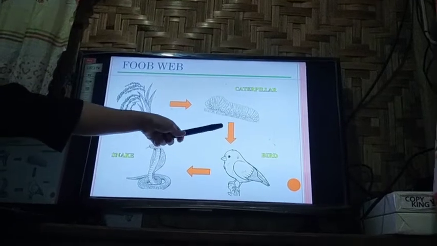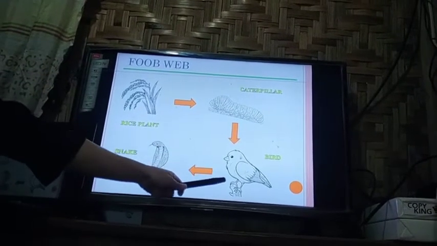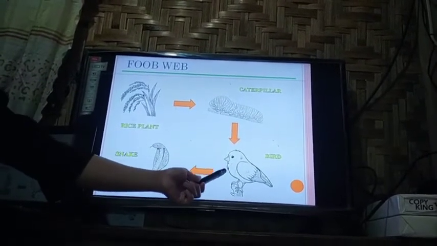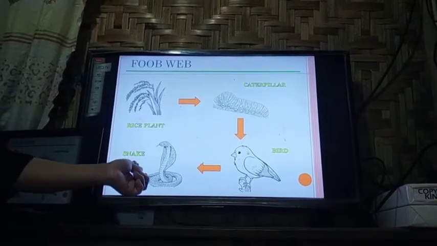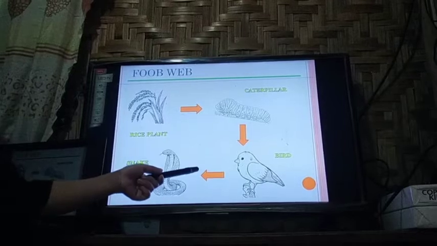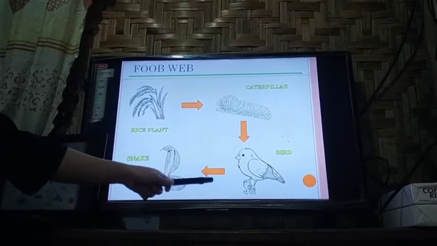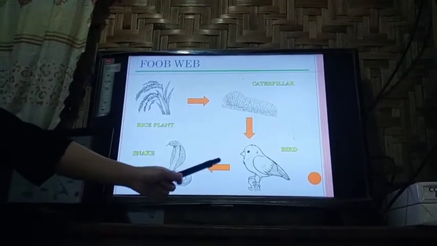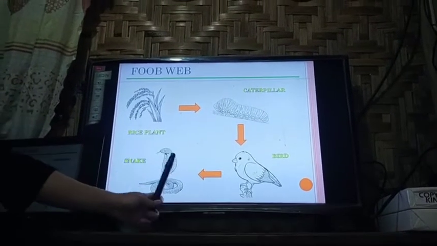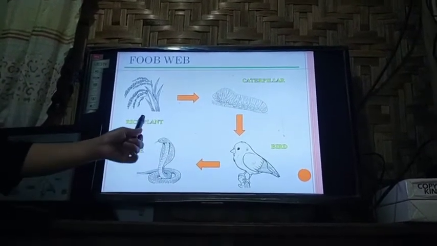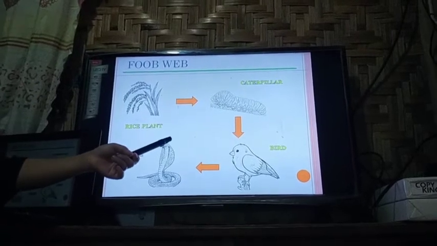Then caterpillar is taken by the bird. Then the bird is eaten by the snake. So in that case, they are all connected. So guys, can you tell how many food chains do we have in this figure?